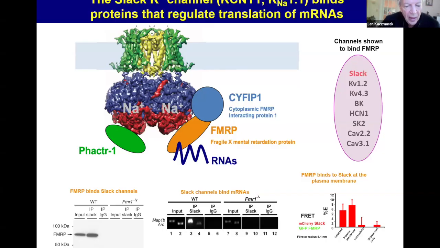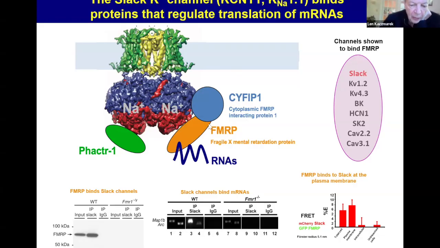And the interesting thing about this very large C-terminus is that it binds some very interesting proteins. So one of the proteins that it binds is called factor 1 for phosphatase and actin regulatory protein 1. This brings a protein phosphatase to the channel. It regulates its phosphorylation, and it also links the protein to the protein G-actin.